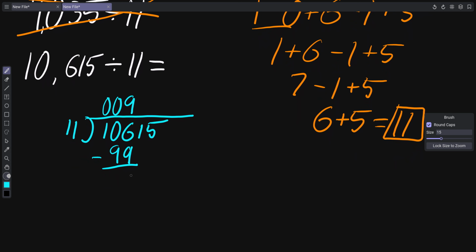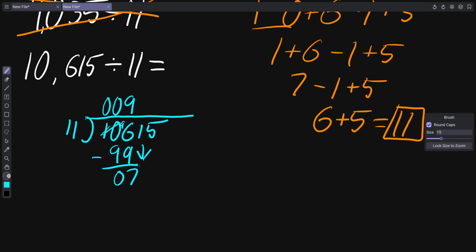This is going to give us 7. We would have to take a 1 from 0, but then we'd have to take a 1 from here. That would give us 9, and then 9 minus 9 equals 0. So now we cannot put 11 into 7. So we drop down this 1.